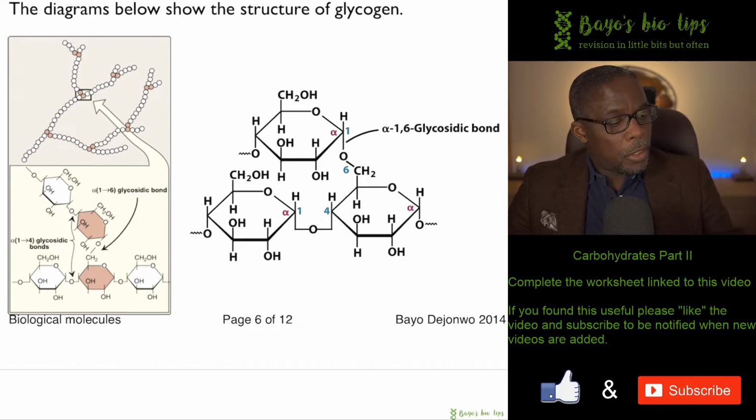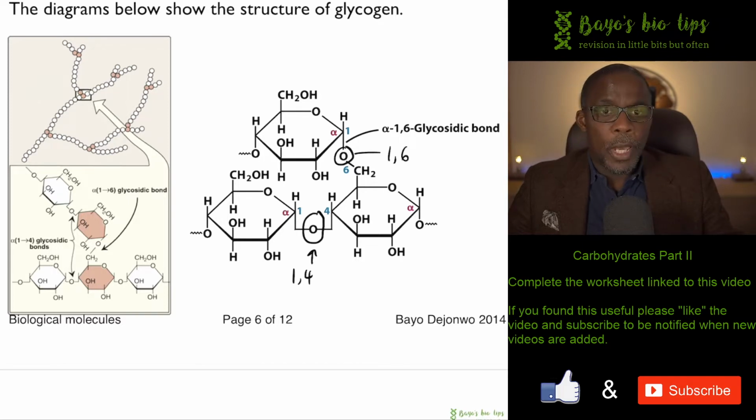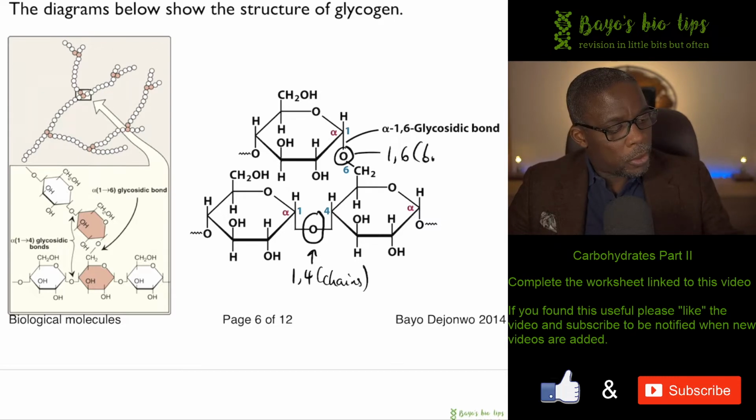So as you can see in the diagram, you've got the 1,4 glycosidic bond labeled there, and then you've got a 1,6 glycosidic bond labeled there. So those form the chains and these form the branches.